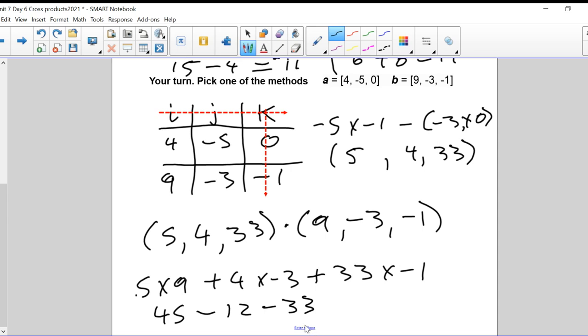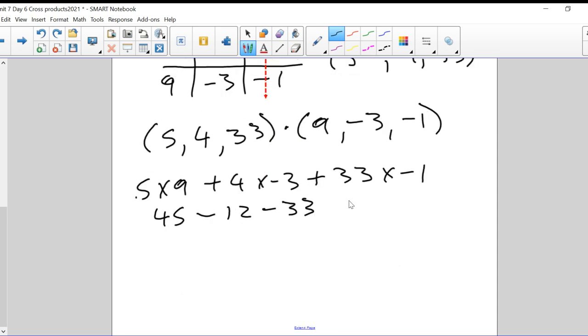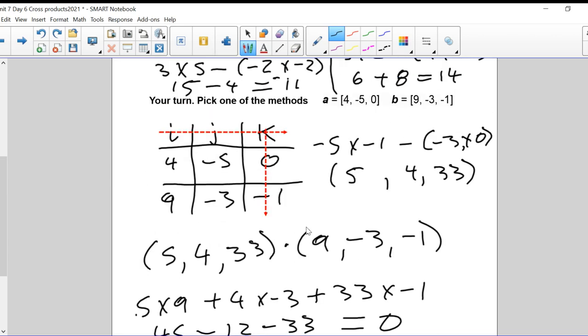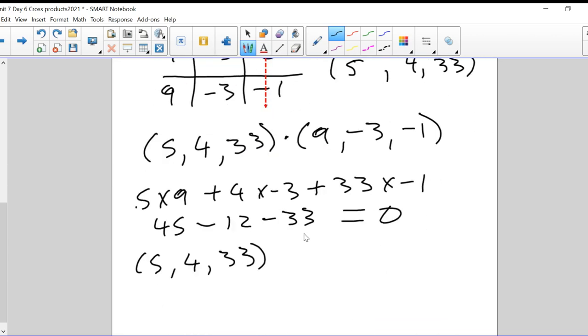Guess what, folks? That's actually equal to 0. The same is true if I were to multiply, and it should be, the 5, 4, 33 by the other vector that we were crossing it with, the 4, -5, 0, if I dot it.